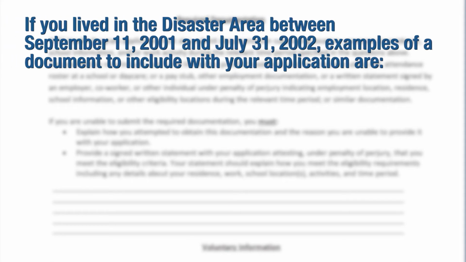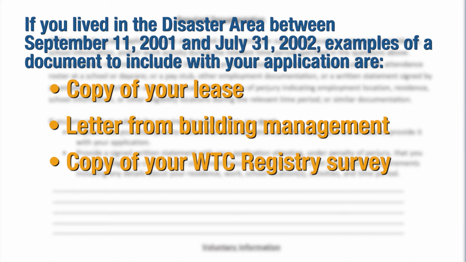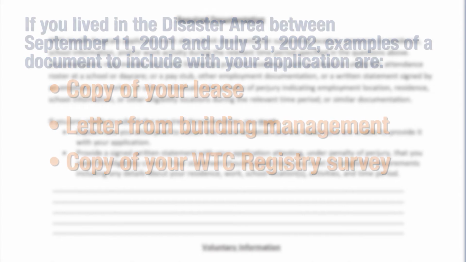If you lived in the disaster area, examples of a document to include with your application are a copy of your lease, a letter from building management or your World Trade Center Health Registry survey. Any documentation provided must verify the physical residence location or address and the date range you resided there.